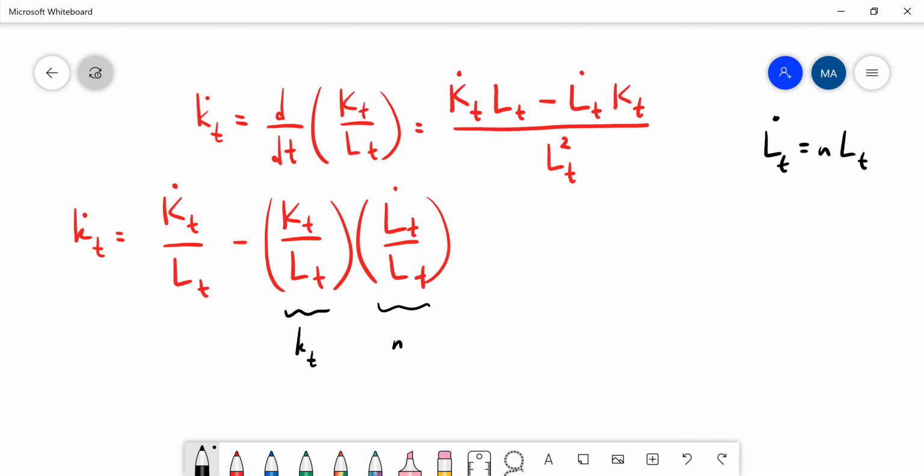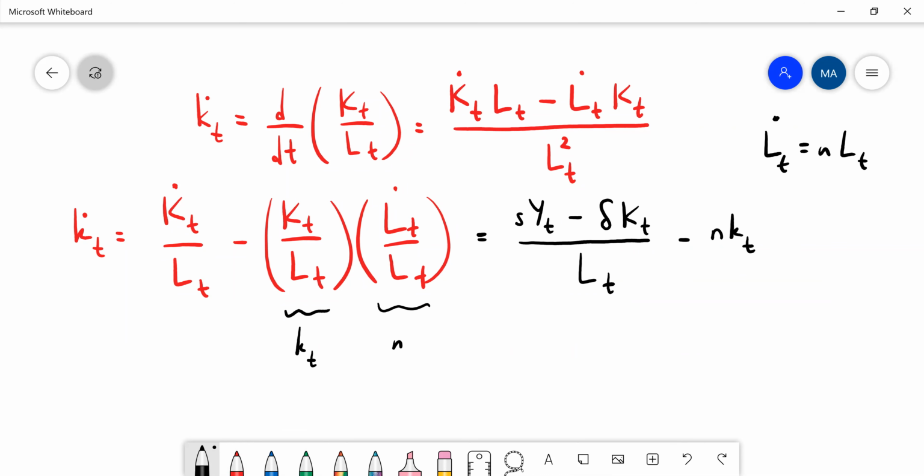So the only thing I need to do is to understand this. So how do I understand that? Well, I know what it is, right? Because it is s times Y_t minus delta K_t divided by L_t, and here now I have n k_t.